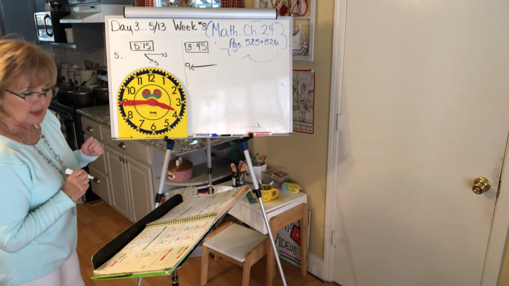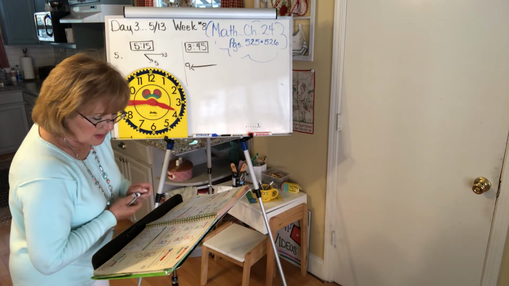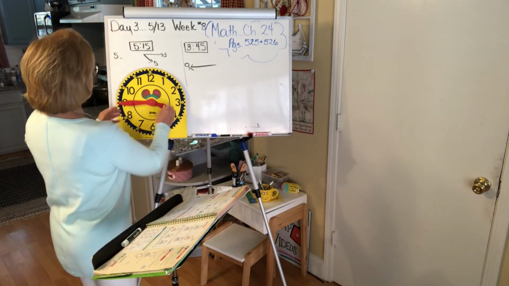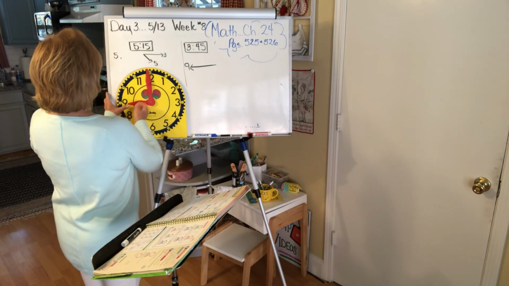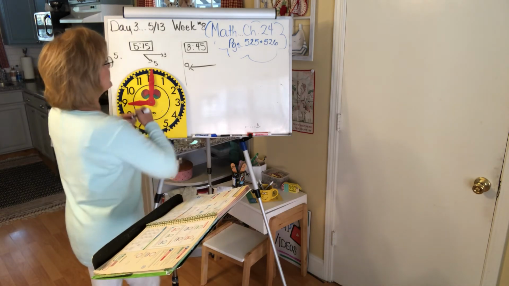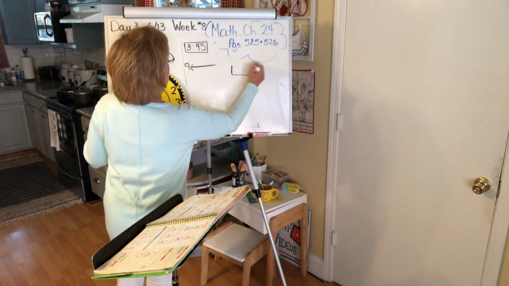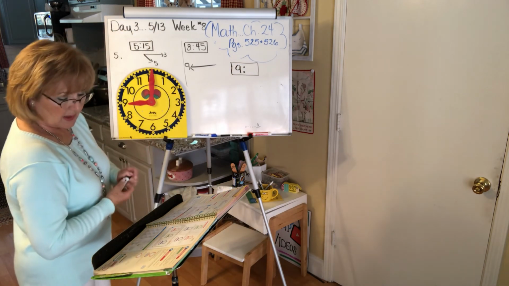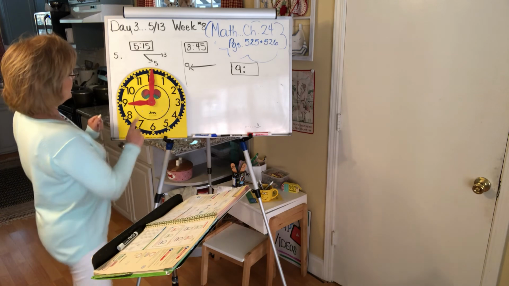Okay? And the last clock looks like the minute hand is halfway, that's a clue, halfway between the 9 and the 10. Let's see what it looked like when it was 9 o'clock, because we know it's 9 something. So keep an eye on it. It's halfway, you probably already know.